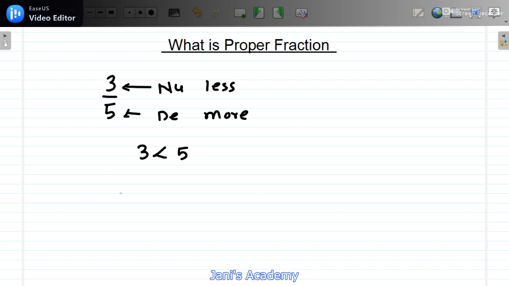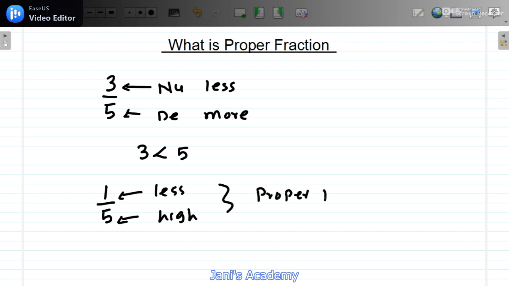Let's take one more example. If you have 1 upon 5, the numerator is less and the denominator is high, so this is a proper fraction. Very easy. So this is called a proper fraction.